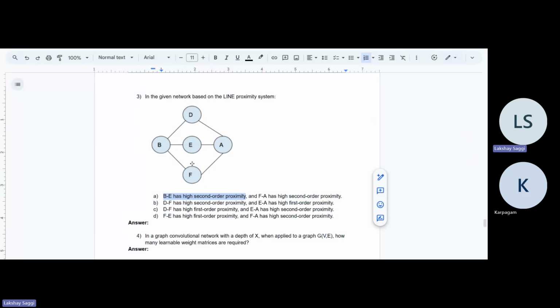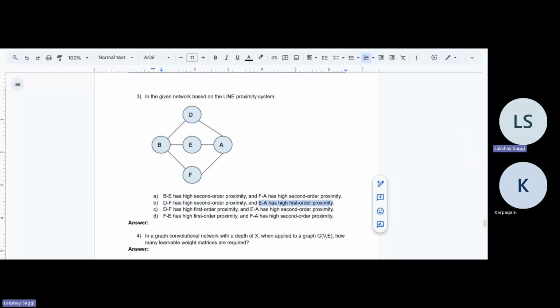Definitely, DF has high second order proximity because their common neighborhood is the same: D and F both have B and A as common neighbors. Similarly, B and A also have high second order proximity, because B's neighbors are D, F and E, and A's neighborhood is also D, F and E. So DF as well as BA have high second order proximity.